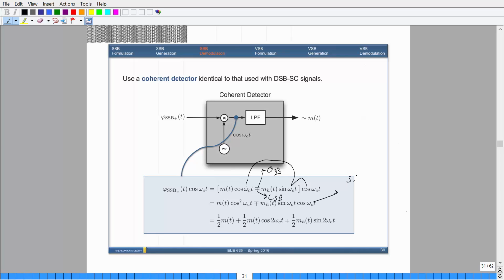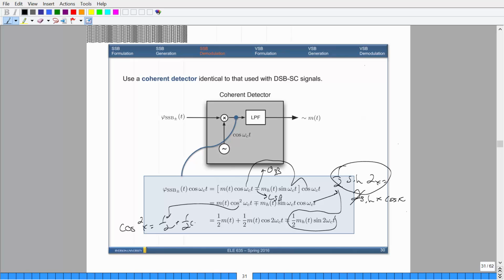Remember the property where sin 2x is 2 sin x cos x. Then when you multiply by a half, you get this term over here. And cosine squared is simply a half plus a half cos 2x, and that's where this comes from.